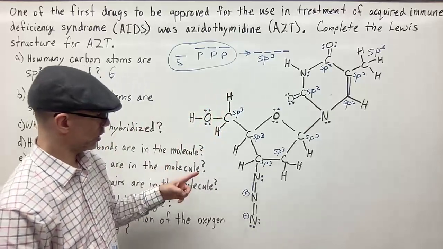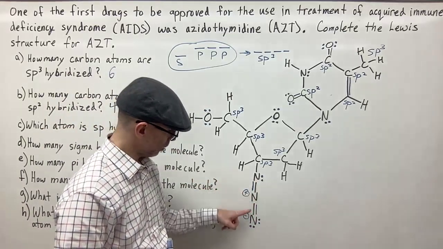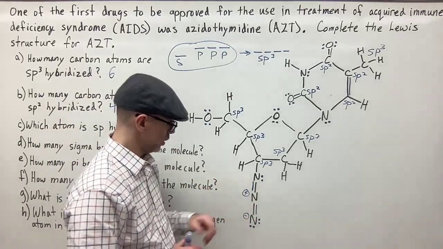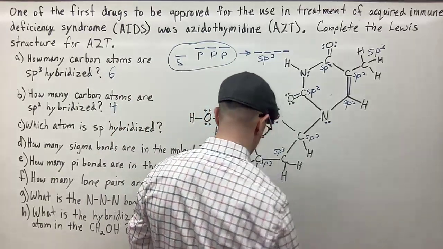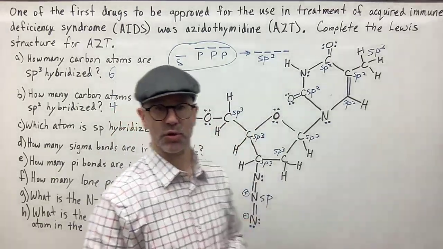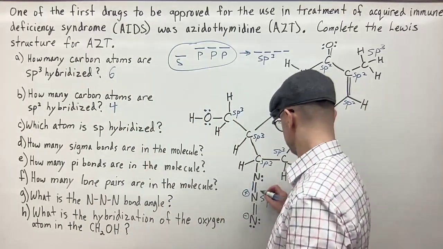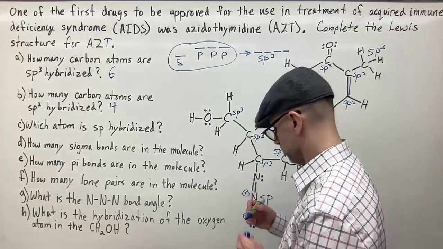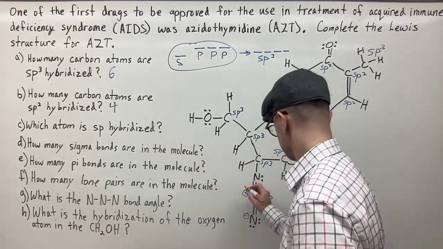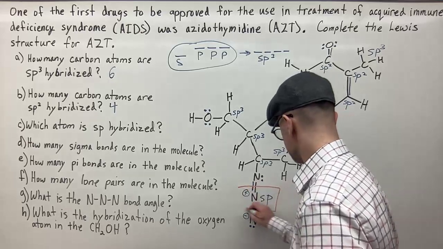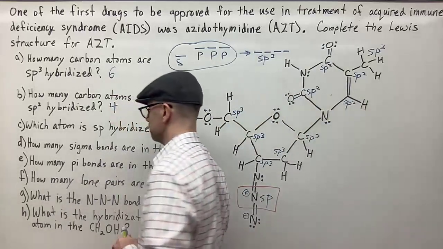And if you look, it's this one right here. It has a double bond and a double bond. That's 2 electron groups. So this nitrogen is sp hybridized. So that nitrogen in the middle. Let me make this clear. So this nitrogen is sp hybridized.